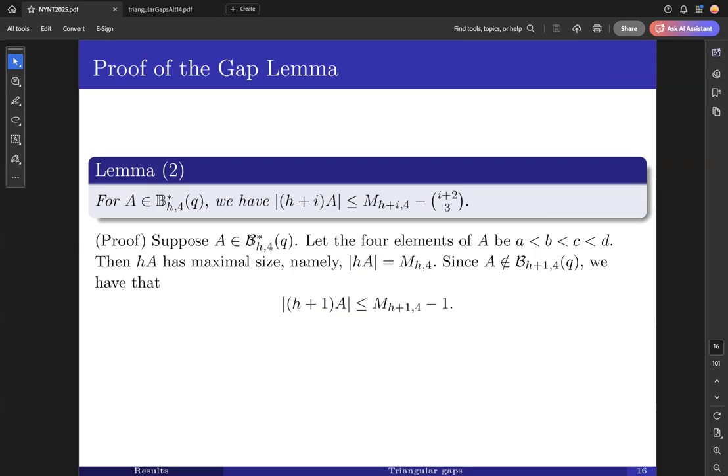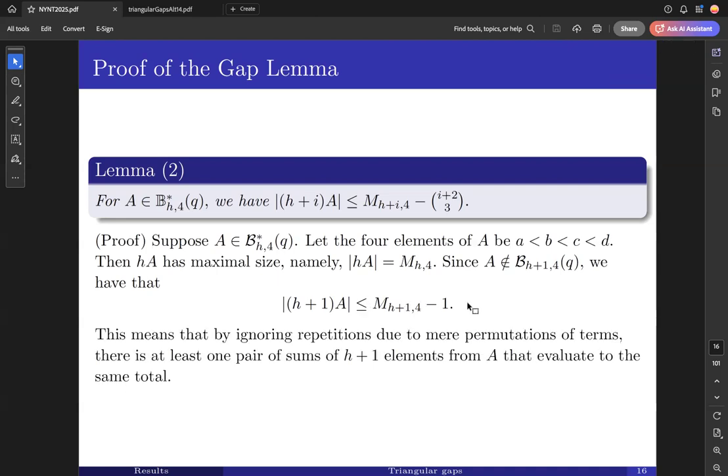It's a B_h set, so it's going to have maximal size. However, since it's in B_h star, it is not a B_{h+1} set, meaning the h+1 fold sum set is going to be off by at least 1. It'll be less than or equal to the maximum minus 1.